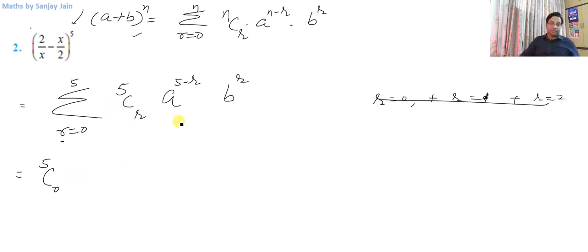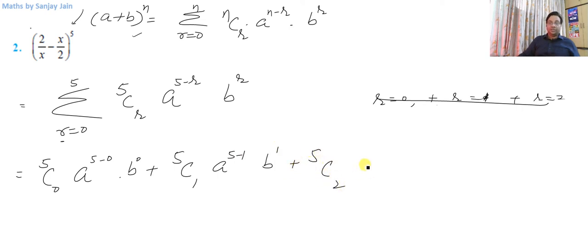So let us do that. 5C0 a raised to power 5 minus 0 b raised to power 0 plus 5C1 a raised to power 5 minus 1 b raised to power 1, 5C2 a raised to power 5 minus 2 b raised to power 2.